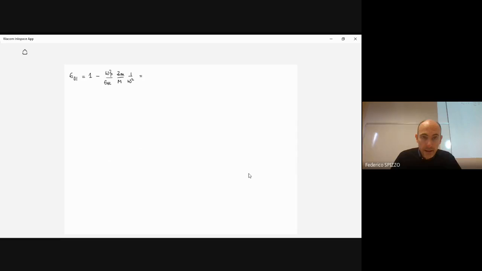If we now write the expression for the dielectric constant of the electrons, which was 1 plus K0 squared divided by K squared, we have that this is equal to 1 minus the square of the plasma frequency, then K squared plus K0 squared, then a K squared up here, then Zm divided by the ionic mass, 1 divided by the square of the frequency.